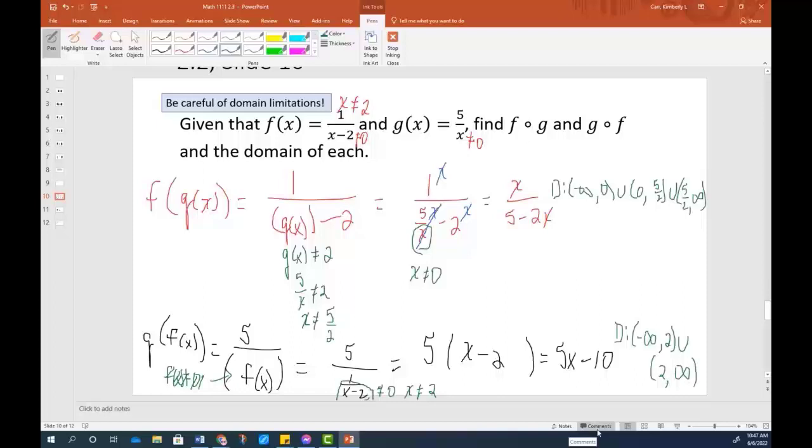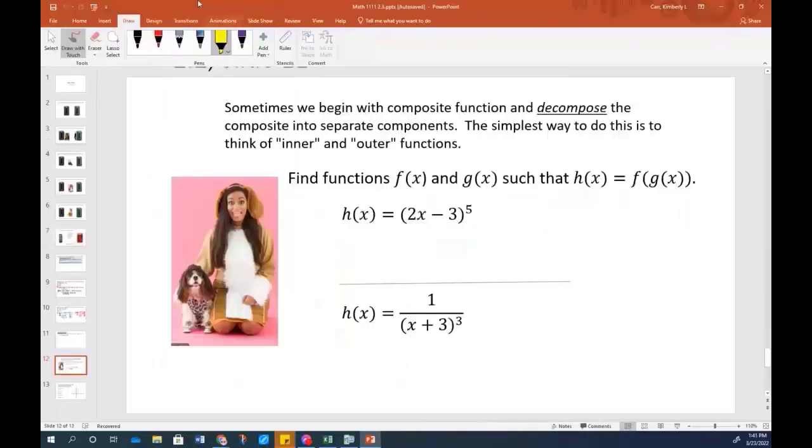Remember then, when we're dealing with composites, we need to look at each function's domain and then how that domain changes or adjusts as they get put together. And that can be rather complex. What I'm going to do is maybe I will say it like this. If you can look at something and say, well, what part is on the outside and what's on the inside? This part right here that I'm putting in yellow, this is not the only way to do this type of problem, but I definitely think it's the easiest.